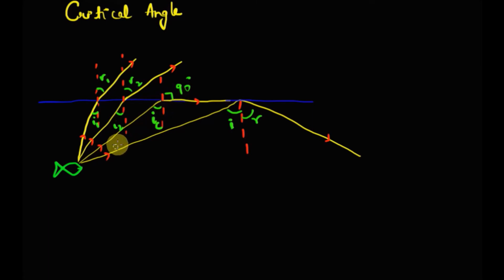In this example, IC is the critical angle. If the angle of incidence is more than the critical angle, then refraction does not occur. The entire light gets reflected as if the ray of light is hitting a plane mirror, and this phenomenon is called total internal reflection.